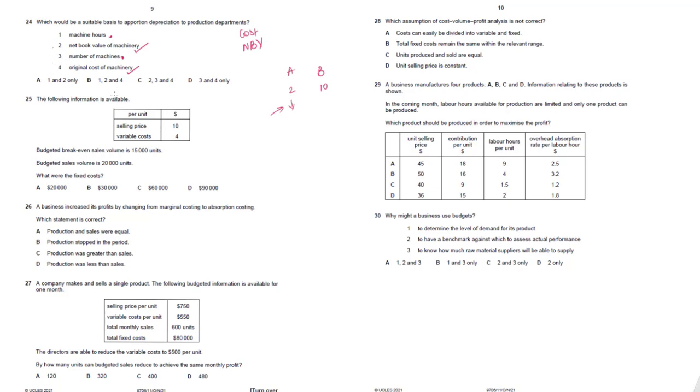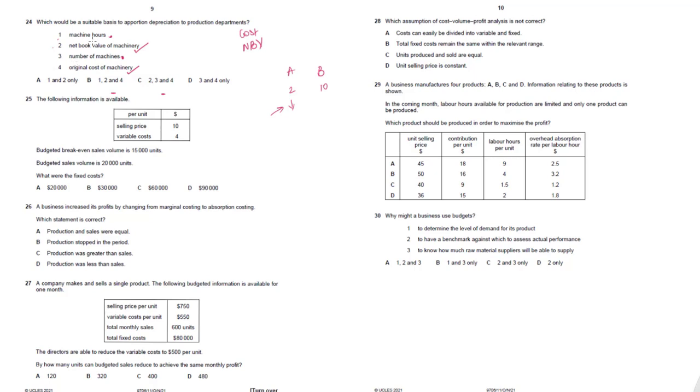Now we don't see 2 and 4 here. So I will see in which option I have at least 2 and 4. I will see B and C. So either it could be machine hours along with these two, or it would be number of machines.